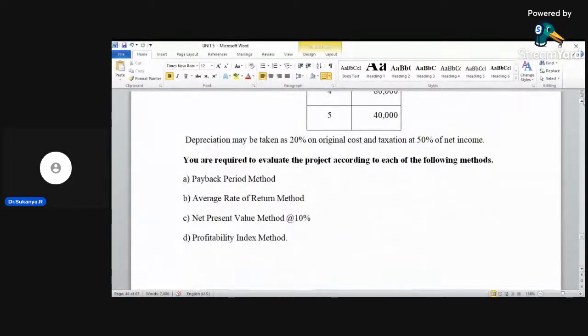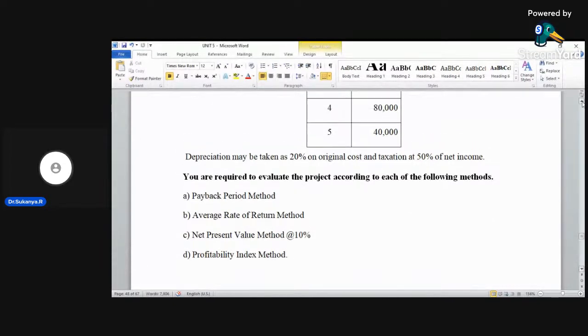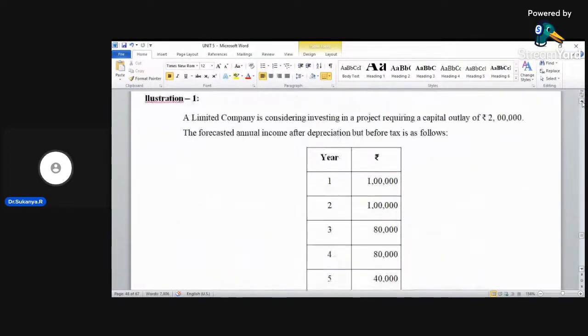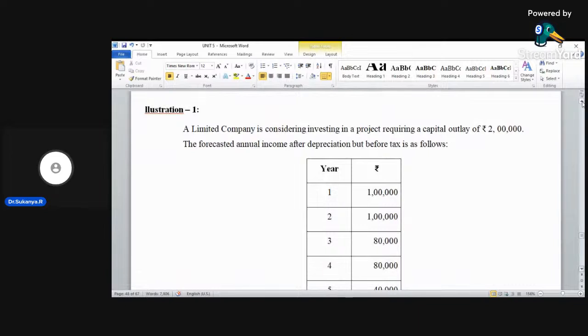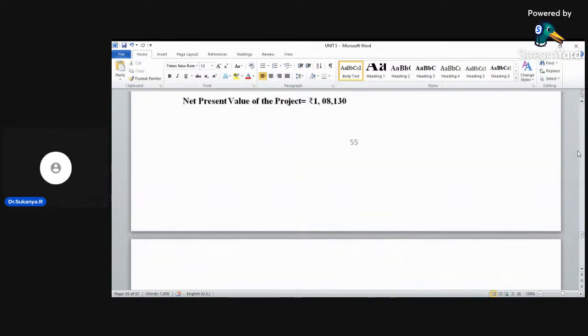Just a minute, let us go to this one problem wherein we can work out payback period as well as ARR. Even this question is very much there in your material. A limited company is considering investing in a project which requires a capital outlay of 2 lakh, and the income after depreciation but before tax is given below.